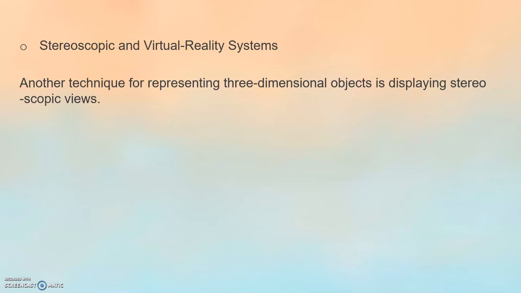To obtain a stereoscopic projection, we first need to obtain two views of a scene generated from a viewing direction corresponding to each eye. Each eye means the left and the right eye. We can construct the two views as computer-generated scenes with different viewing positions. Or we can use a stereo camera pair to photograph some object or scene.